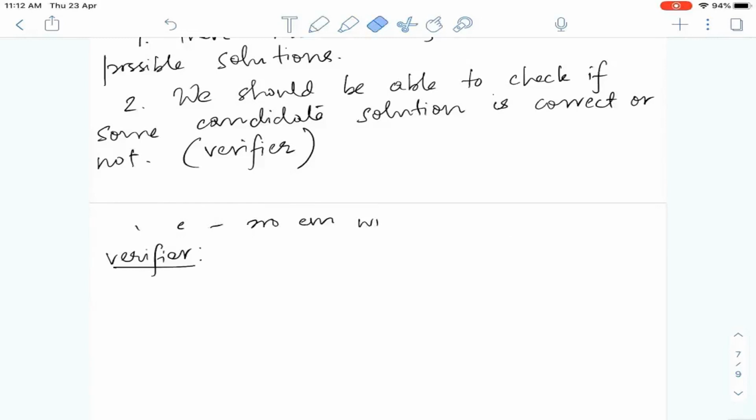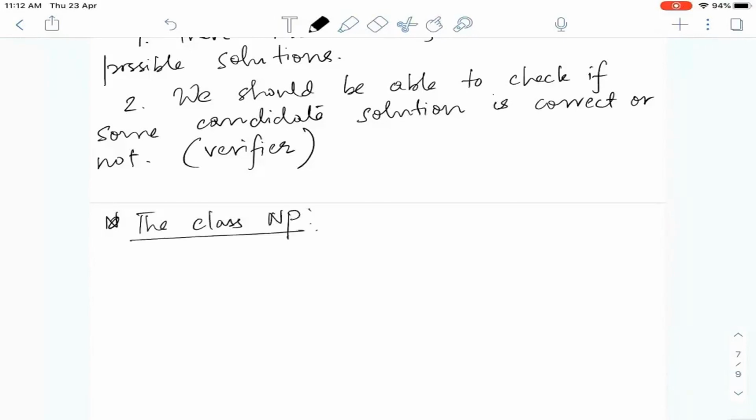So this brings us to this classification of problems which we called NP. The class NP. Essentially, at least this is a class of problems which can be solved using brute force.